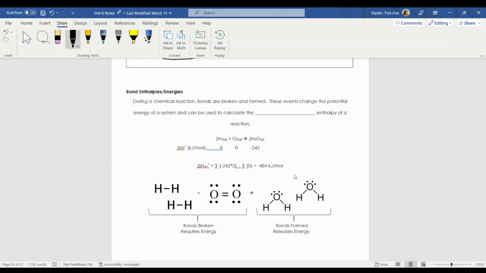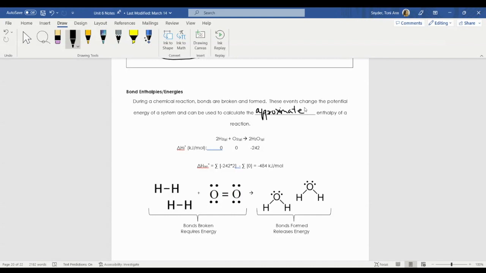So during a chemical reaction, bonds are broken and new bonds are formed. These events change the potential energy of a system and can be used to calculate the approximate enthalpy of reaction. So these are not as good of an indicator, but they're still relatively close, okay?